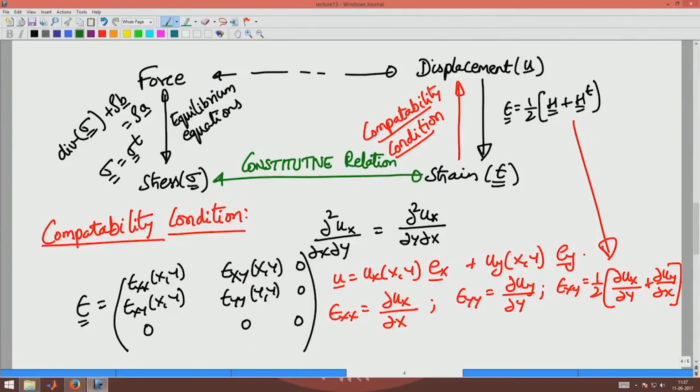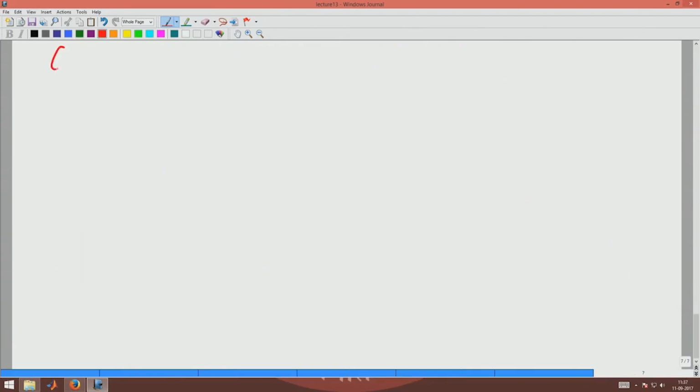Now, the constitutive relation is developed. The constitutive relation tells us how the material responds.